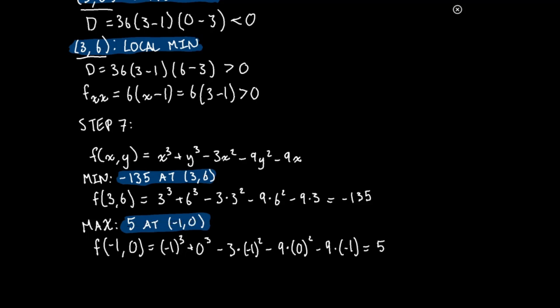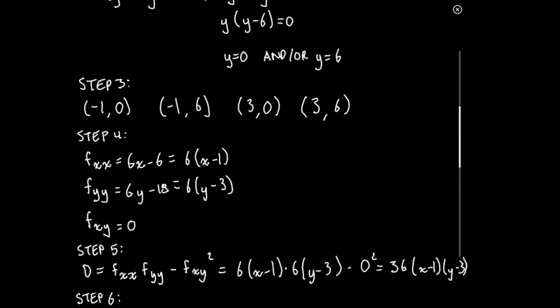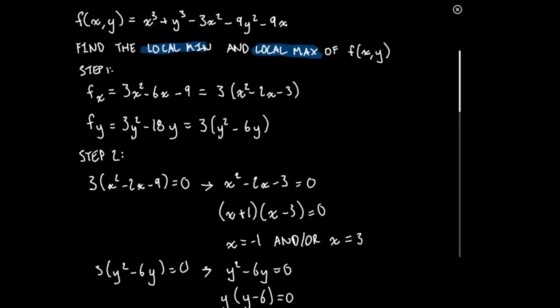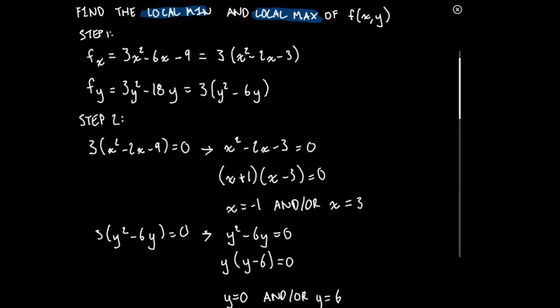Okay, just to review everything that we did here. We started by taking our equation and finding the partial derivatives with respect to x and y. Then we solved each of those partial derivatives for x and y by setting them equal to 0.